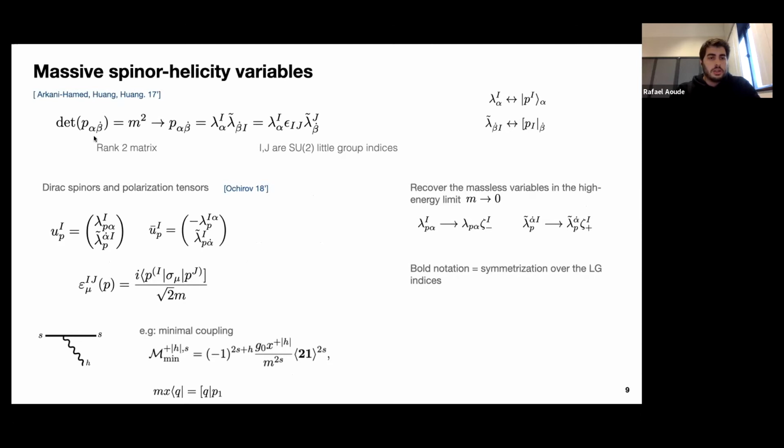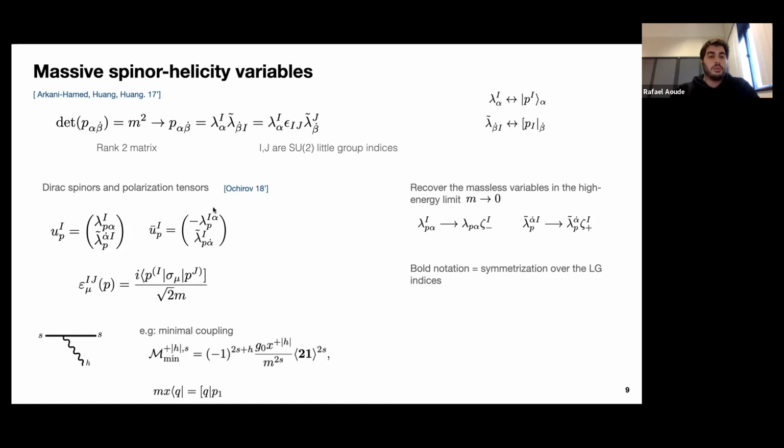In such a description, your massive momenta now require two sets of spinor-helicity variables that carry the SU(2) little group index of the massive particle, right? This lambda and lambda tilde can now be related to the square and the angle brackets.